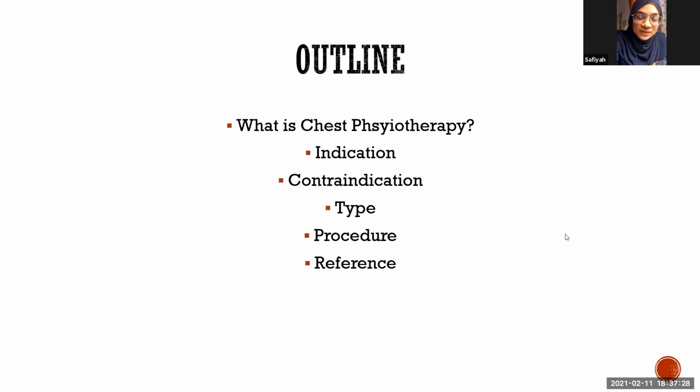Maybe we can proceed with the next presenter, next topic. Amin, can you proceed with the next topic? You can, yeah. The Wi-Fi is a bit problematic.